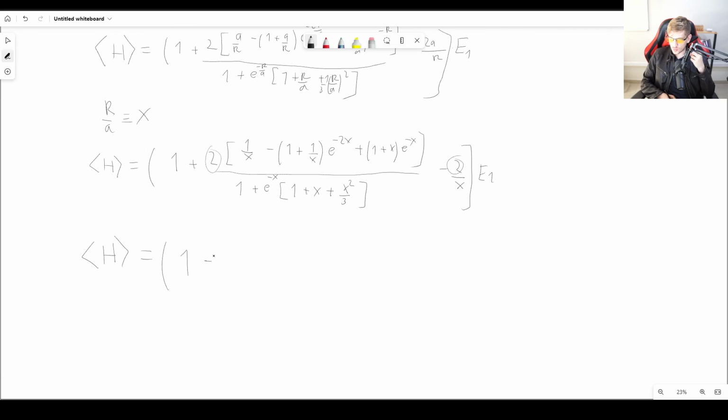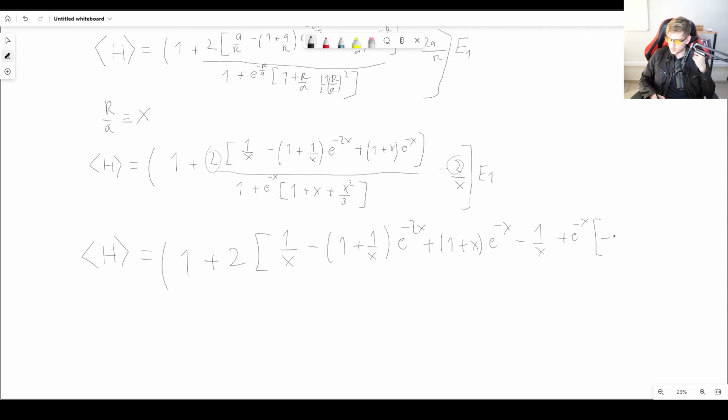So we will have 1 plus 2 times, and then everything that was already in here, so minus 1 plus 1 over x, e to the minus 2x, plus 1 plus x, e to the minus x. And now we have minus 1 over x times everything that is down here. So 1 over x plus e to the minus x, and then minus 1 over x, everything that is in here.